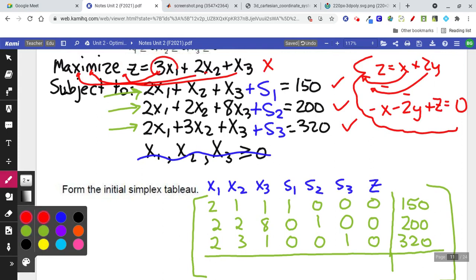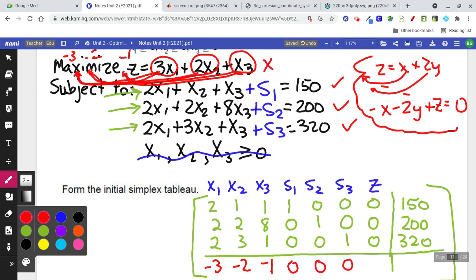So we took this and subtracted over, and that's now going to make -3x1. And we took this one and we subtracted it over, and that's going to make -2x2. And we took this one and we subtracted it over, and that's going to make -1x3. And we don't have any slack variables, and we don't need them because it wasn't an inequality.